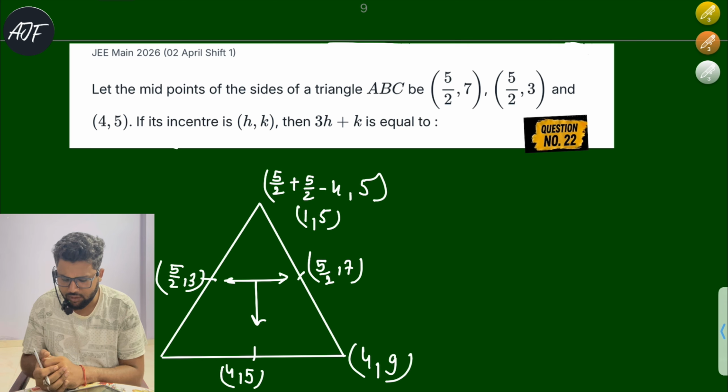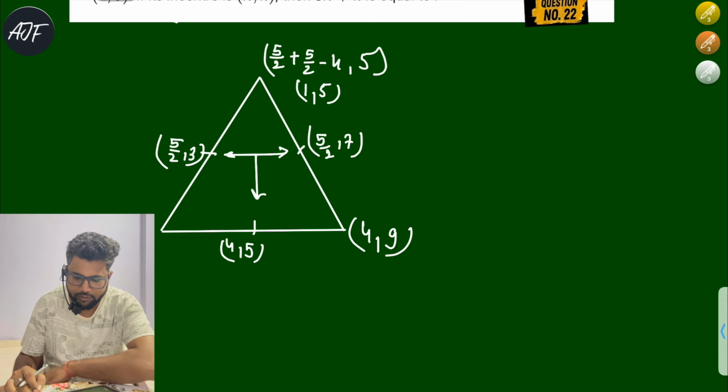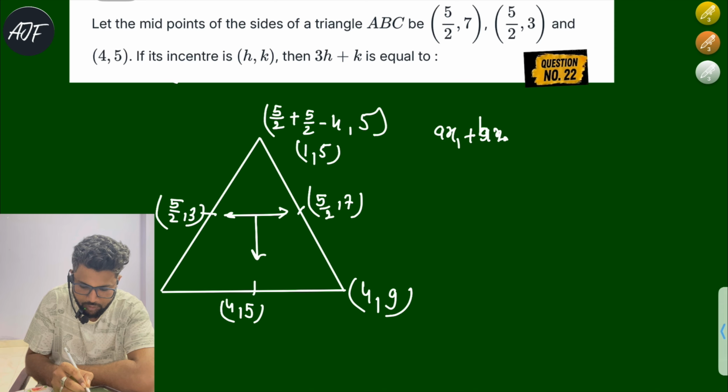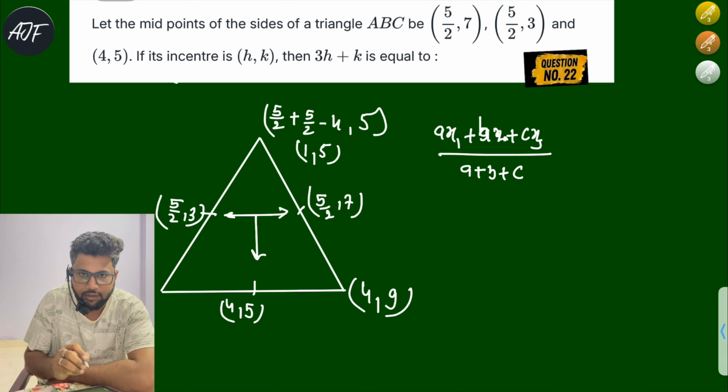If these three points are possible, then the incentre is also possible. Now you know the incentre formula: (ax1 + bx2 + cx3) divided by (a + b + c), where a, b, c are the distances between the vertices.